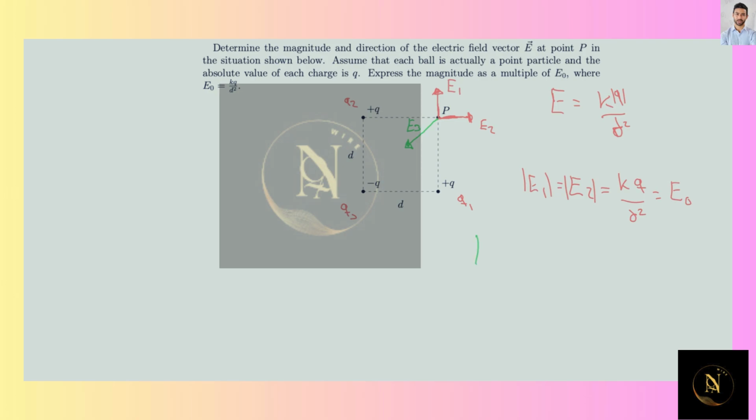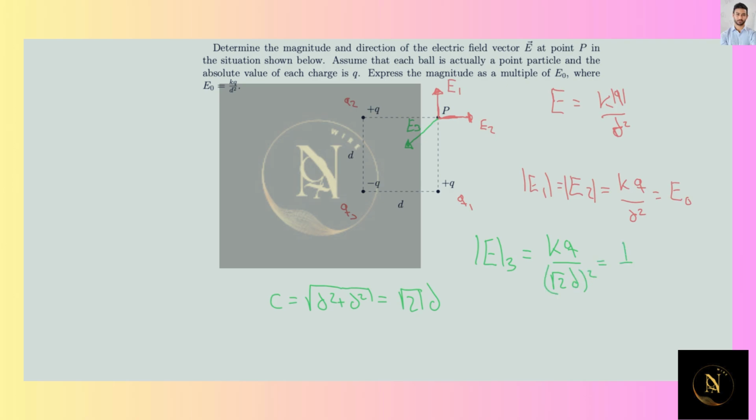And the magnitude of the electric field 3 is going to be equal to, now the distance is going to be the distance of the hypotenuse. So the hypotenuse would be a square root of d squared plus d squared. So a square root of 2 times d. So it would be kq over a square root of 2 times d squared.